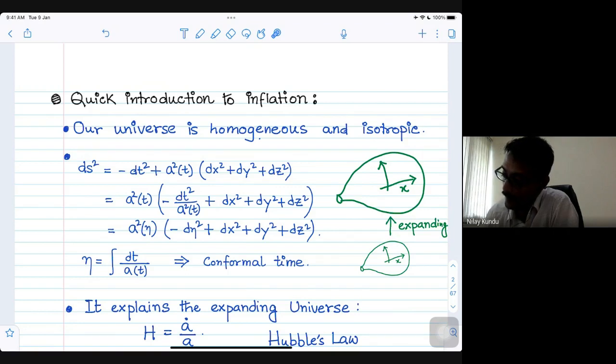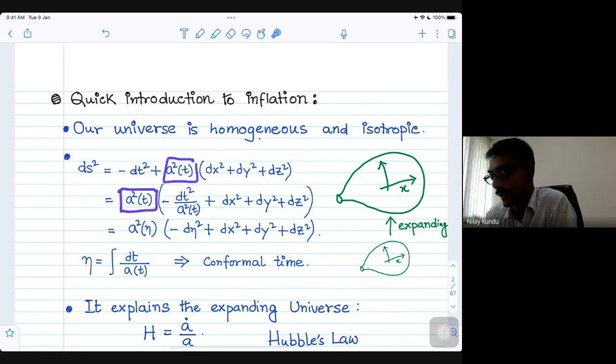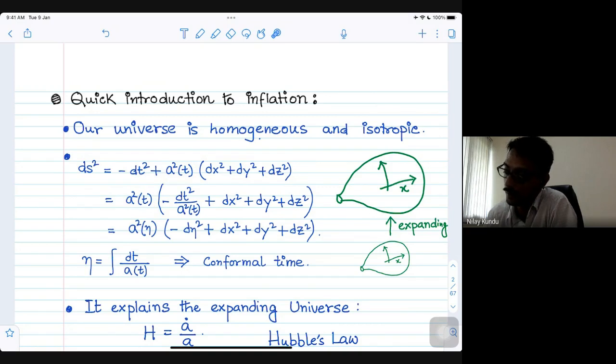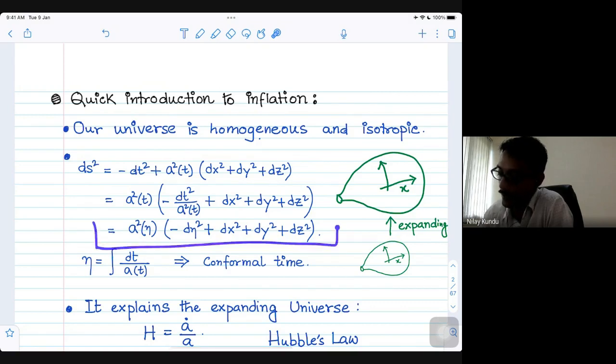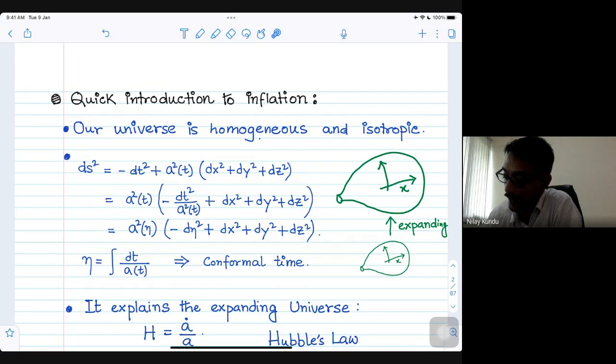I can change my coordinates so that the scale factor a squared of t can be written as a conformal factor sitting outside of the whole metric like this. So this is the coordinate transformation: I go from t, x, y, z to eta, x, y, z, and the metric is written like this. This eta, which is also a measure of time, is known as the conformal time.